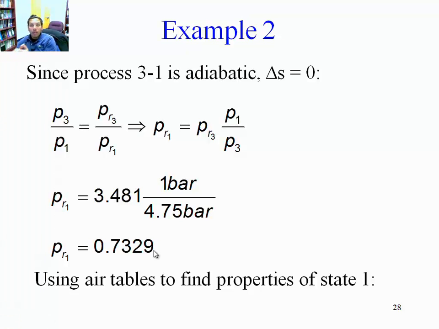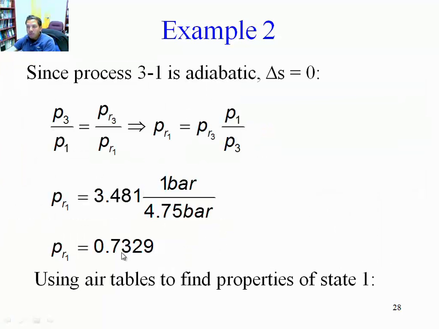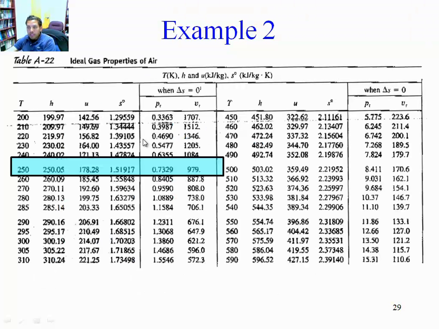What do we do with the PR1? Well, we know that PR is an exclusive function of temperature. So there's a temperature that corresponds to this PR. So we go back to the tables of air. We look in the columns of PR until we find something similar to this value that we found from the equation, 0.7329. And coincidentally, we found one that's identical.